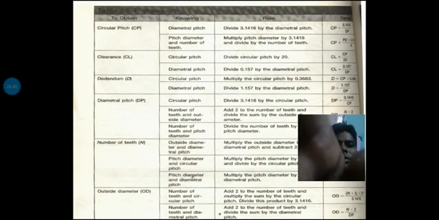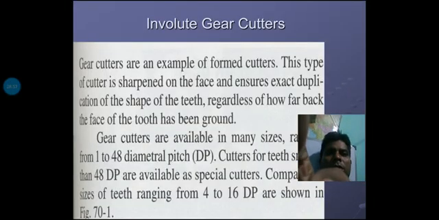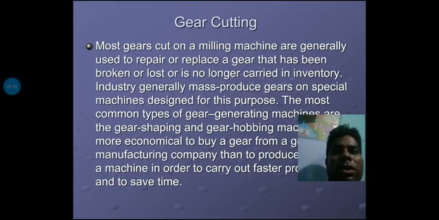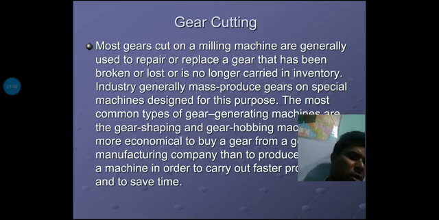Next is gear cutting. Most gears cut on milling machines are generally used to repair or replace a gear that has been broken or lost or is no longer carried in inventory. For industrial mass production of gears, special machinery is used.